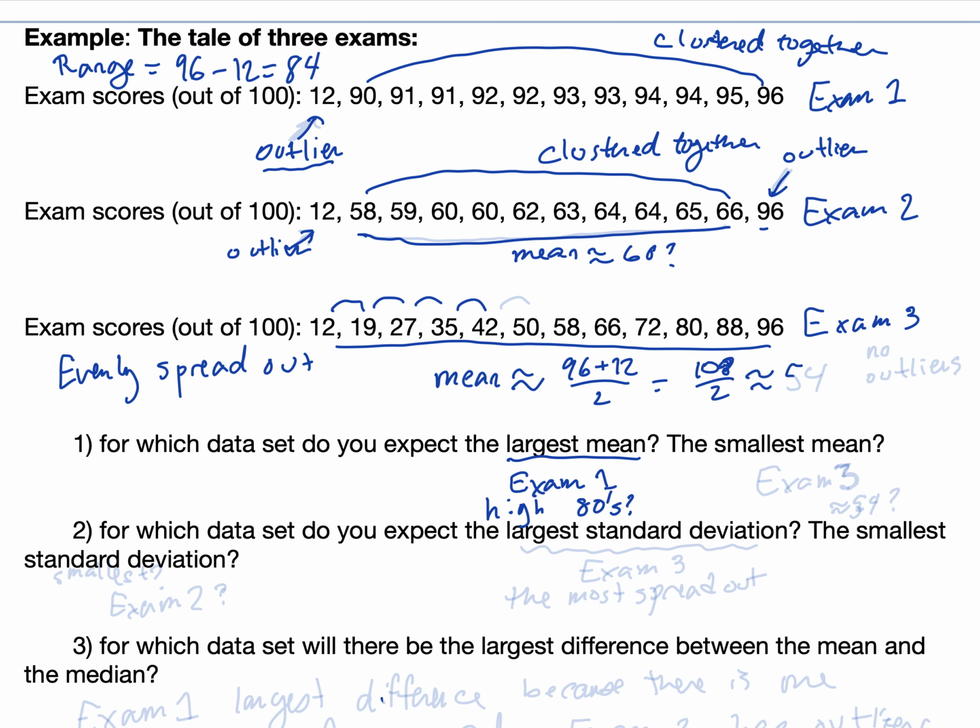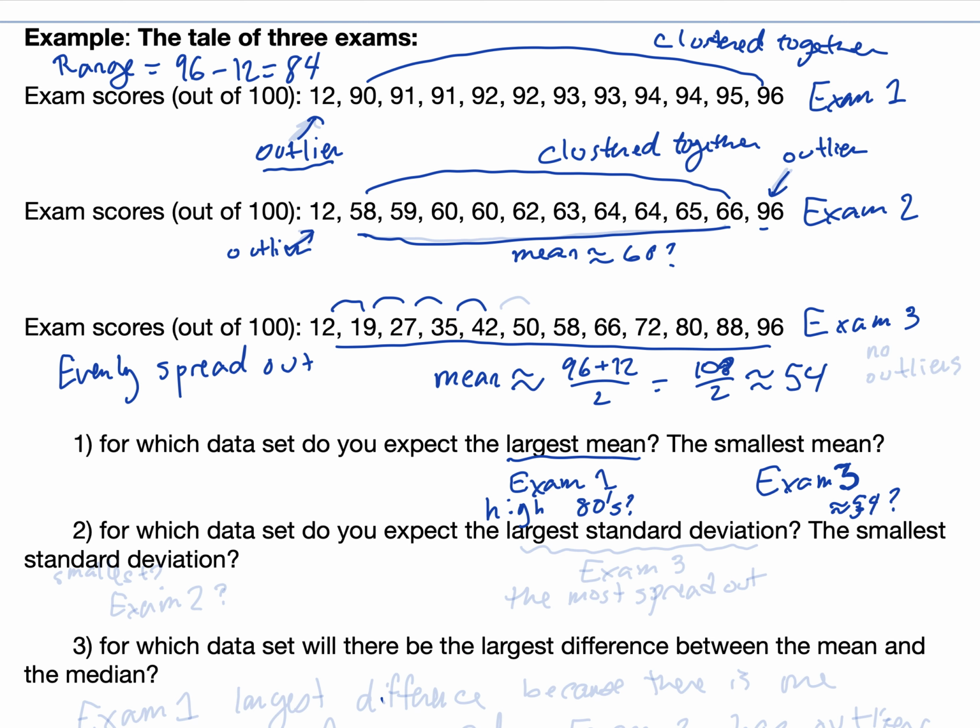We might expect the mean to be about 54. So, not with a full calculation, but with a little bit of mental math, we might expect exam 3 to have the smallest mean, but that's a little less clear-cut than the first question.